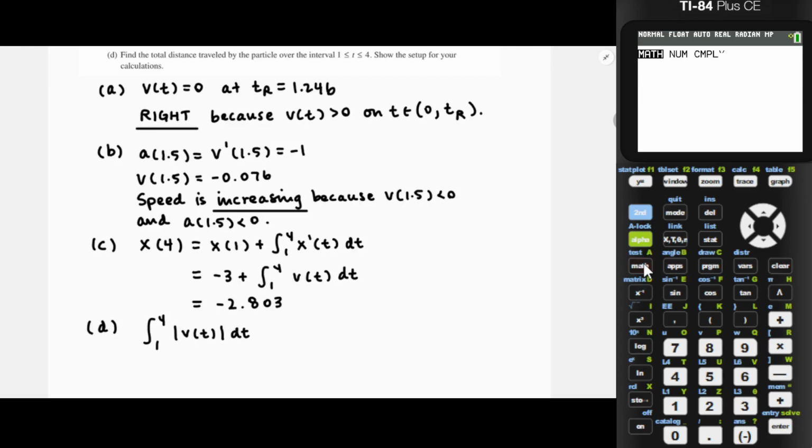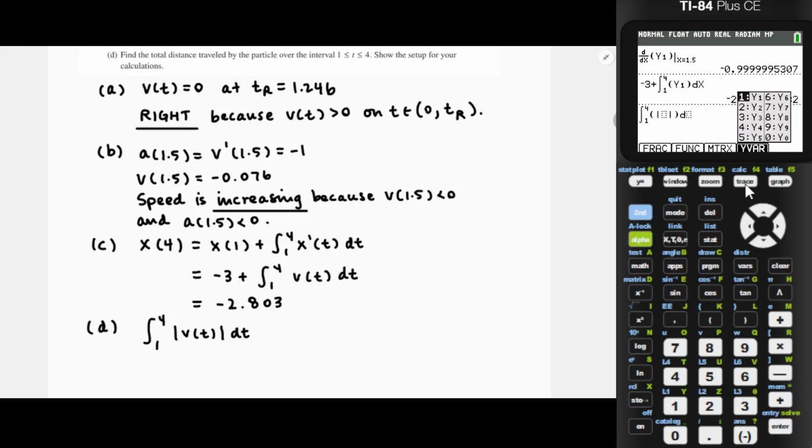And so I'm going to ask for math 9, integral from 1 to 4 of the absolute value of y1 dx, and then that will give me 0.958.